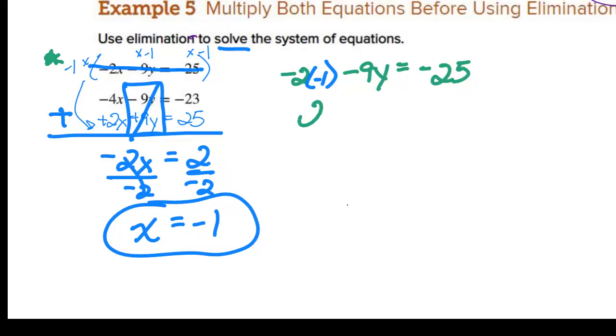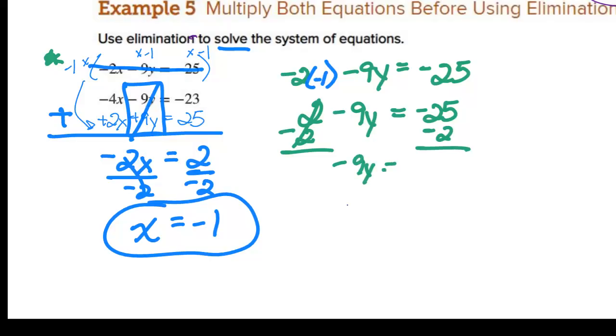Negative times negative is a positive 2, minus 9y equals negative 25. Subtract 2. The 2's cancel out. Negative 9y is equal to negative 27. Divide by negative 9. Y is equal to 3.